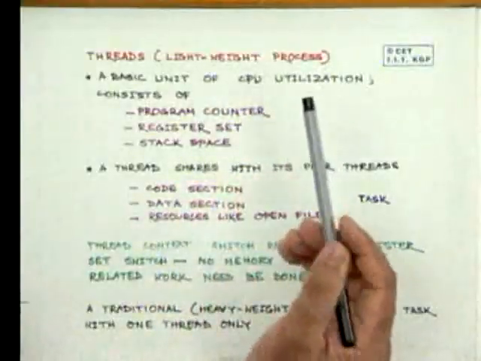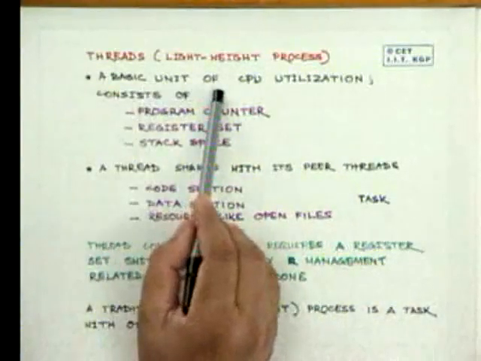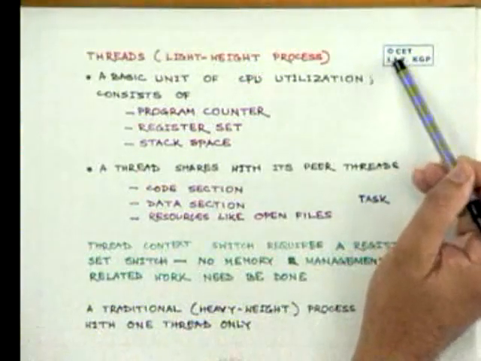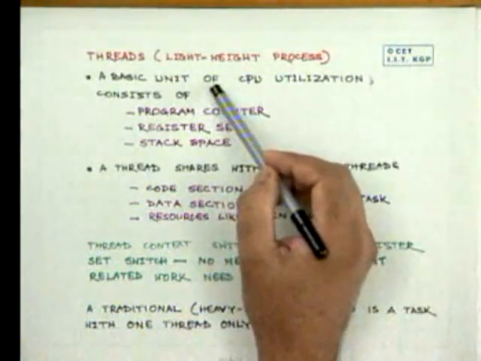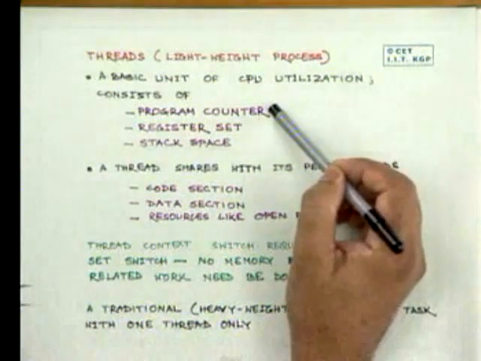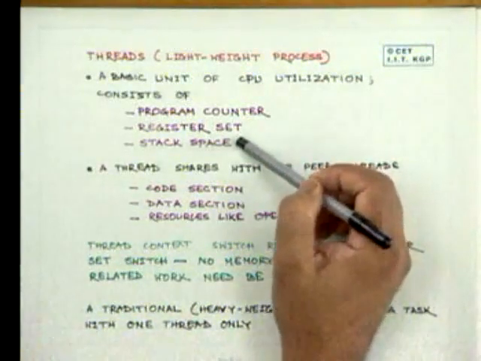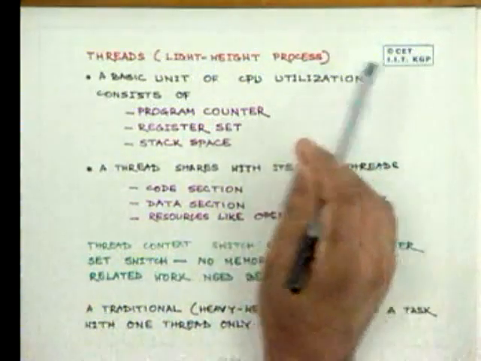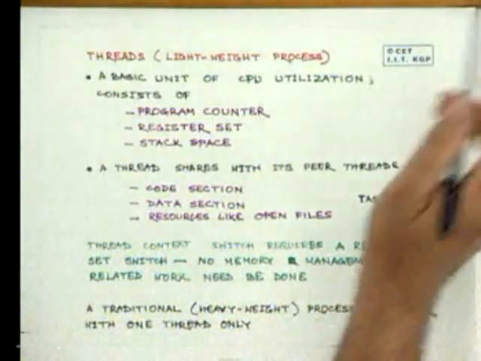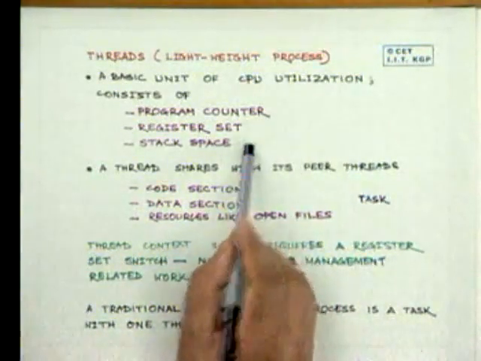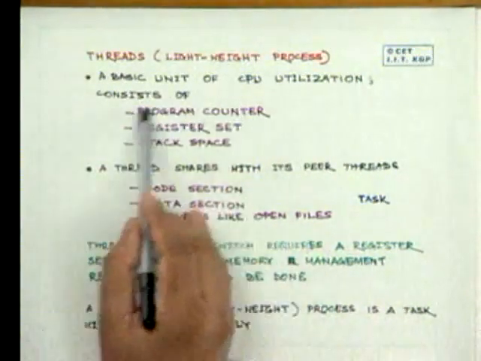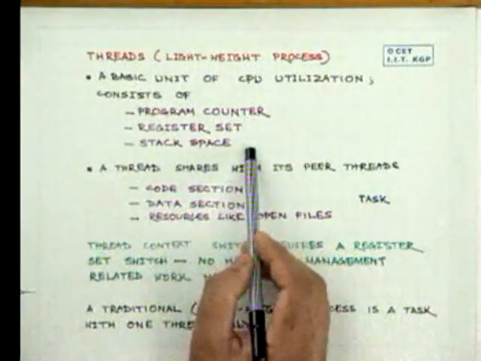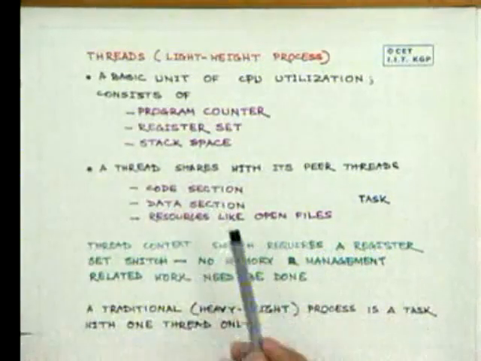Lightweight means it is a basic unit of CPU utilization, and it consists of simply the program counter, the register set, and the stack space. Nothing else is involved in the thread.